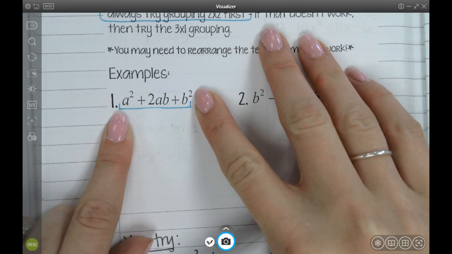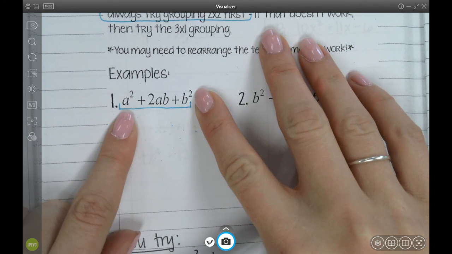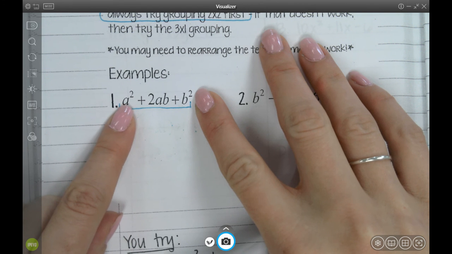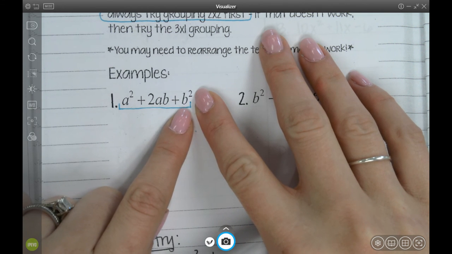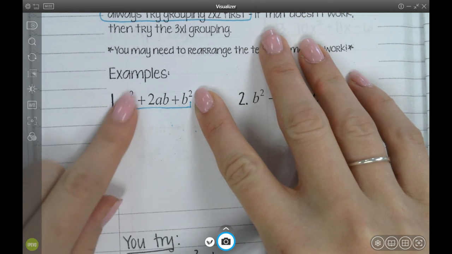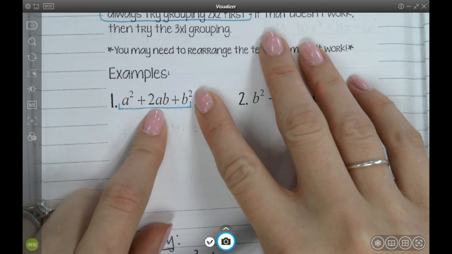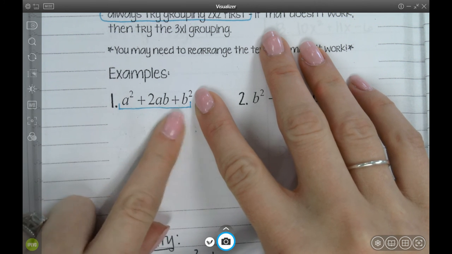So if I cover up my second group of just 1 term, and I look at these 3 terms together, do you notice that you have a perfect square and a perfect square? So back on page 19, we had a squared plus b squared and 2ab in the middle, right? Didn't we just have a formula like that? So how did this one factor?